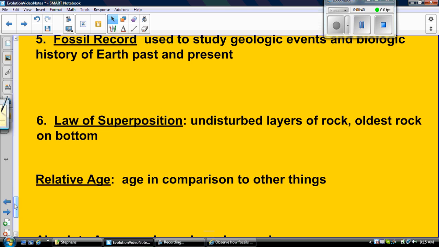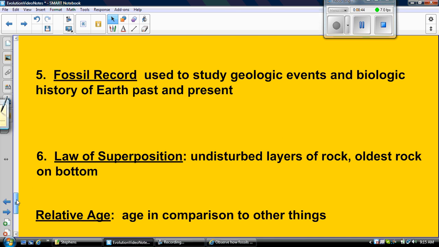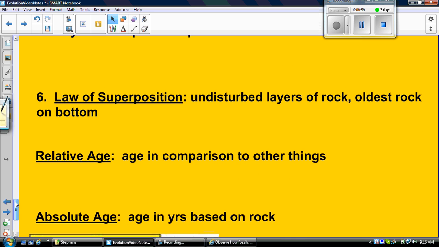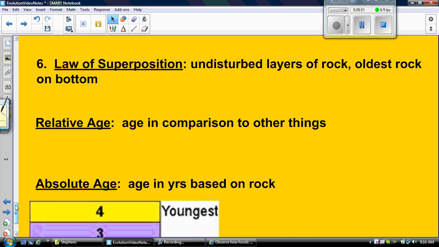Okay, so our fossil record is used by geologists to study geological events, and biologists also use it to see how living things have changed over time in the past and in the present. Now, there is the law of superposition, which we will spend a lot of time on in another unit. But just so you guys have an idea of it, in order for a fossil to become fossilized, it has to be buried quickly. So in undisturbed layers of rocks, the oldest rock is on the bottom.